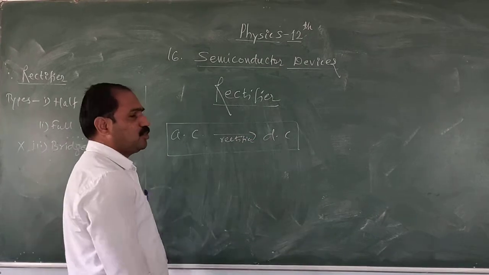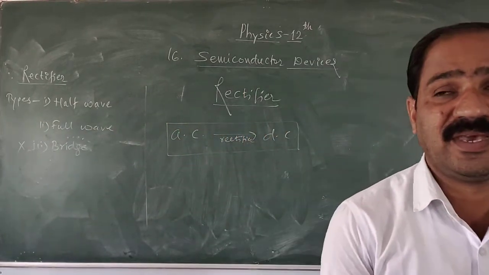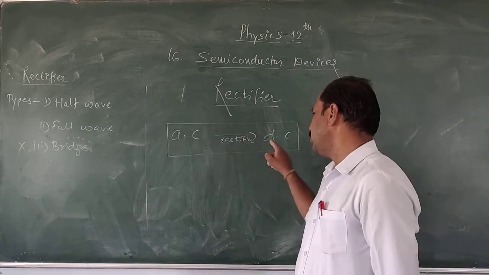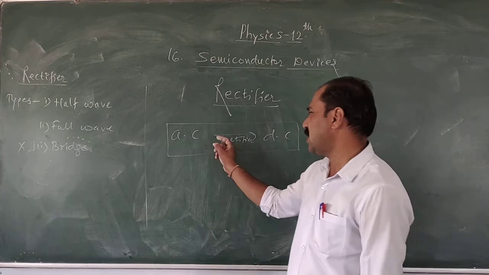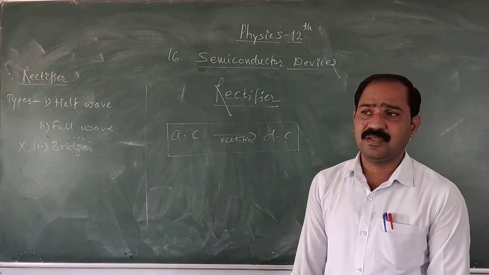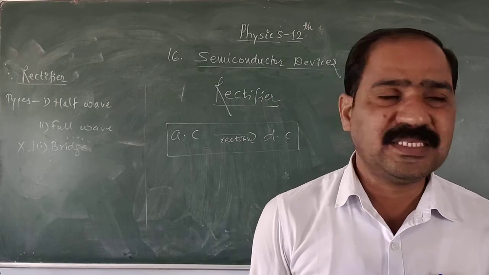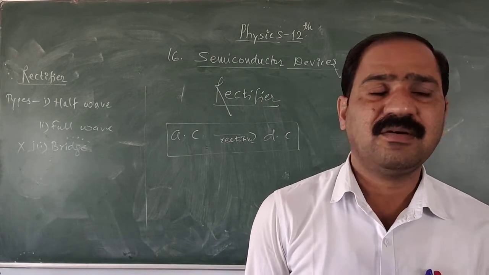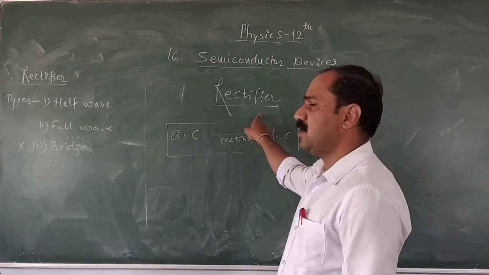The device used to convert AC into DC, and you can also say DC to AC, vice versa, is called a rectifier. The device used to convert an AC signal, AC voltage or AC current into DC current is called a rectifier.